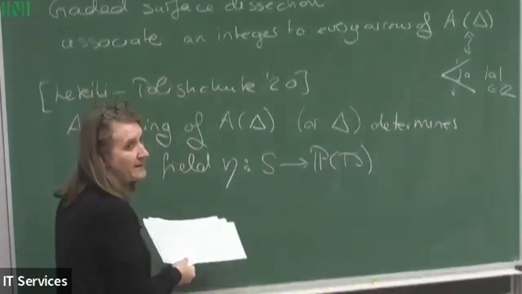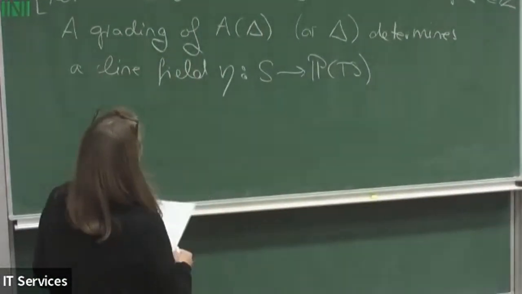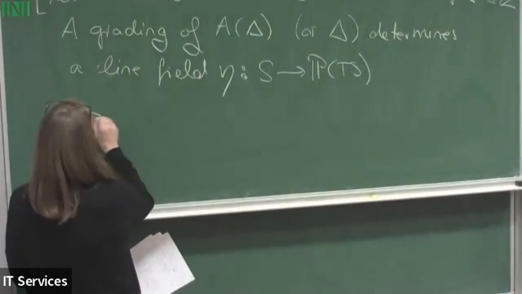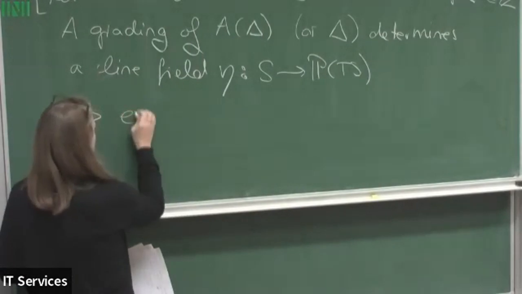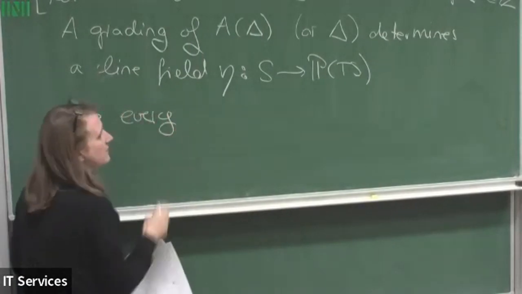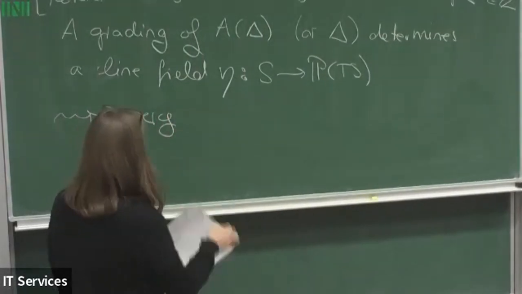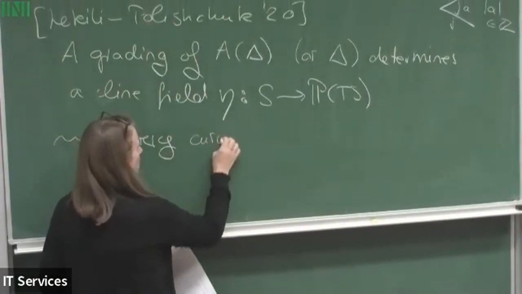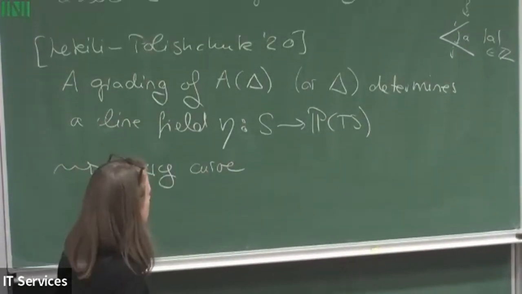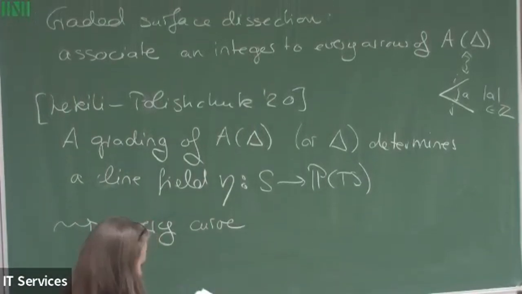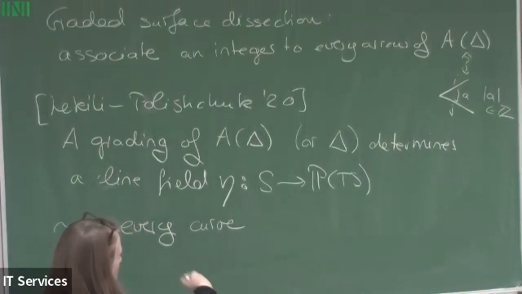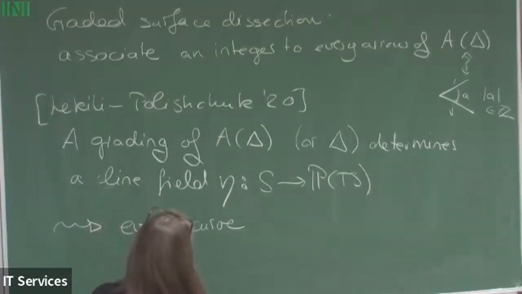And what does the line field give us? Well, the line field allows us to calculate what is called the winding number of a curve, which is another integer that we associate to the curve, which comes by comparing the tangent space of the curve with the tangent space of the foliation of the line field at each point of the curve, as we travel along the curve.